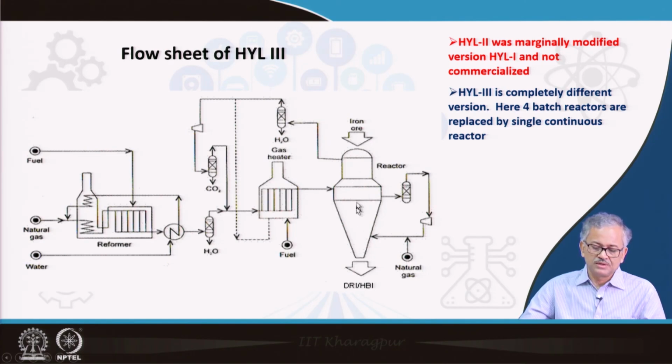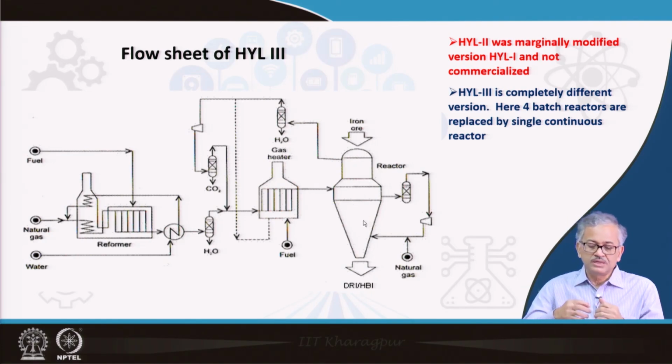At the top you have a high pressure zone, a high pressure reactor where the reduction takes place, and at the bottom there is the cooling zone, where the DRI gets cooled. There you supply natural gas, and the natural gas also cracks in the cooling portion, and it carburizes the DRI.